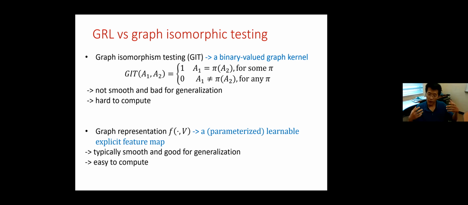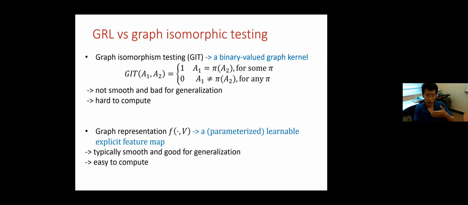Graph representation learning, on the other hand, learns an explicit feature map based on this structure. This feature map is parameterized and learnable, and it can be totally data driven.